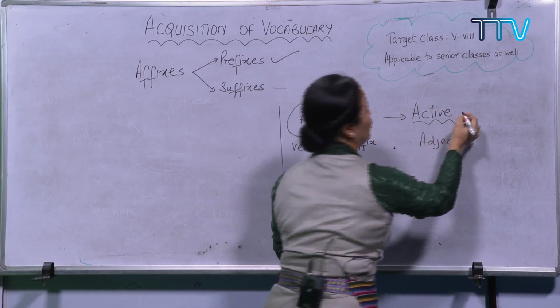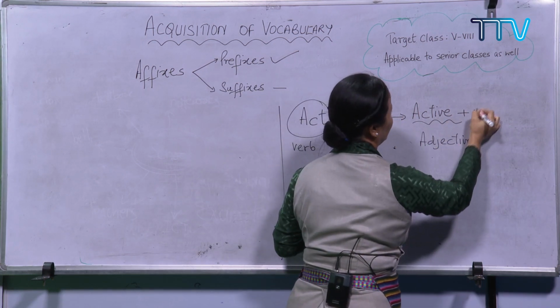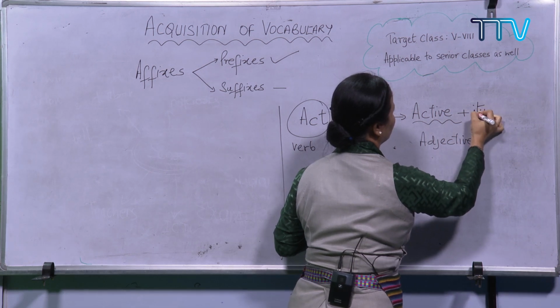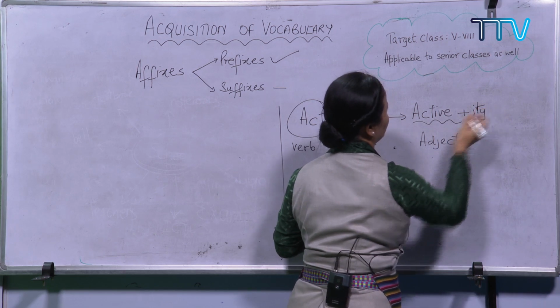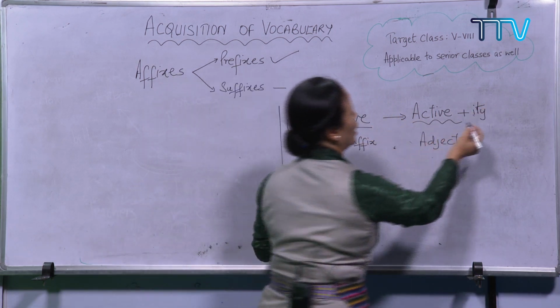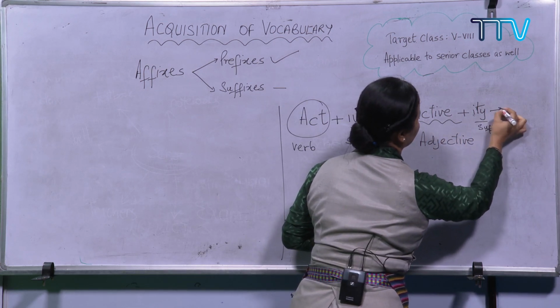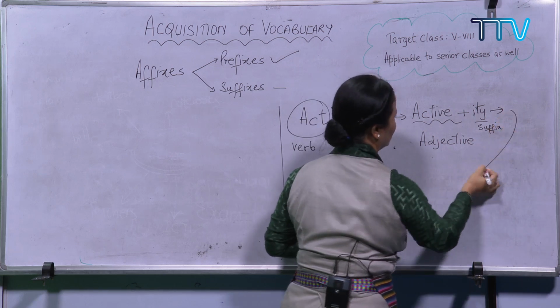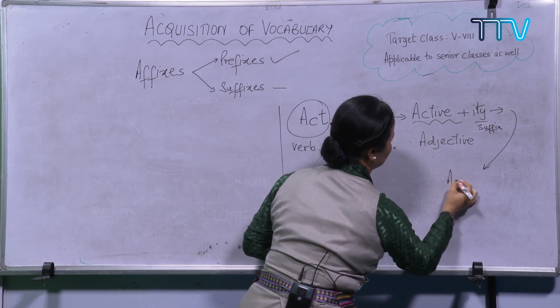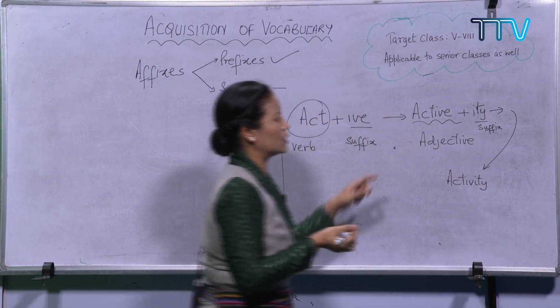Now if we add another suffix on this word, ity, ity is a suffix. If we add this suffix ity, what do we get? We get a new word, activity.